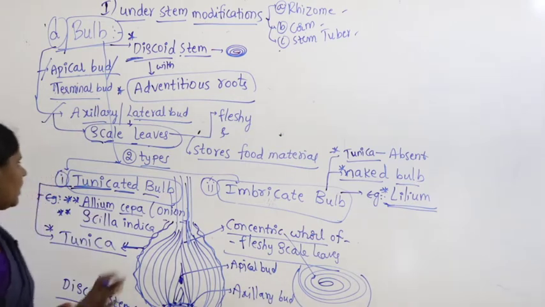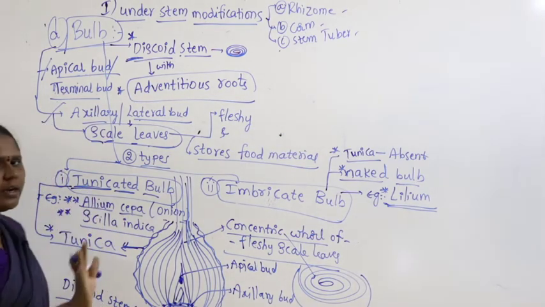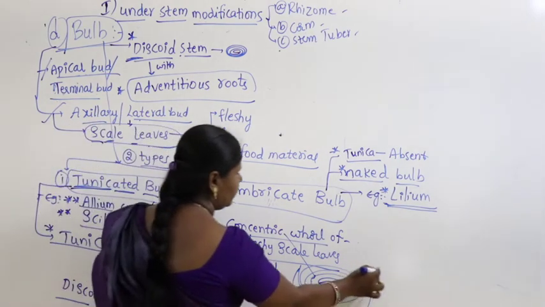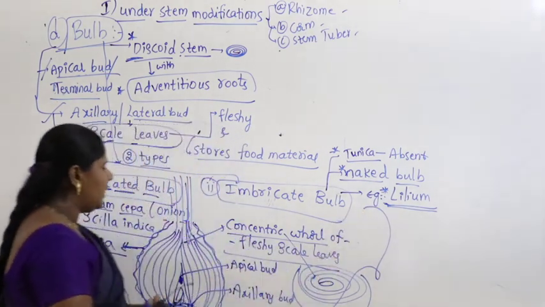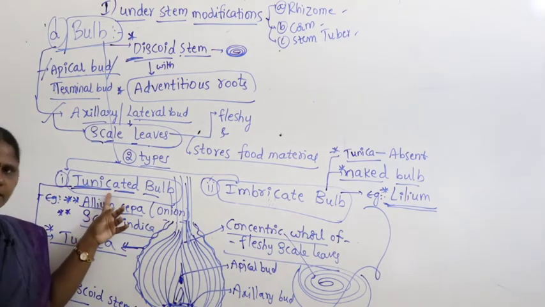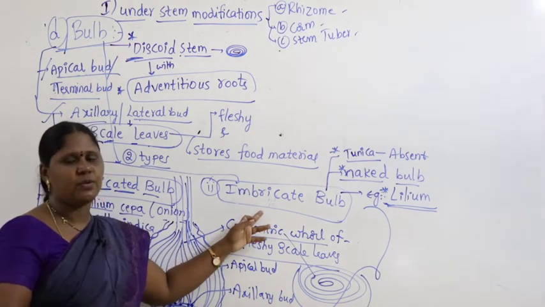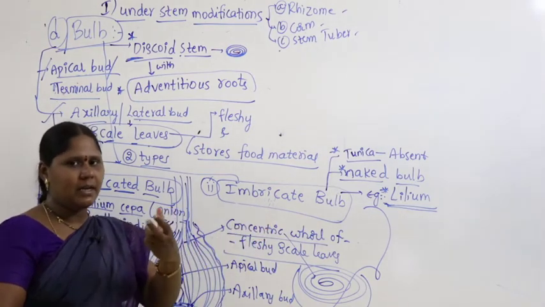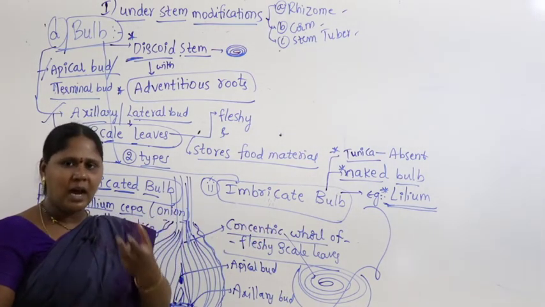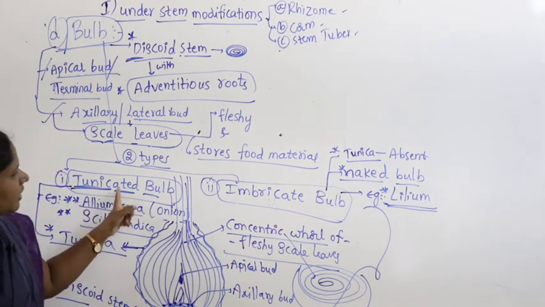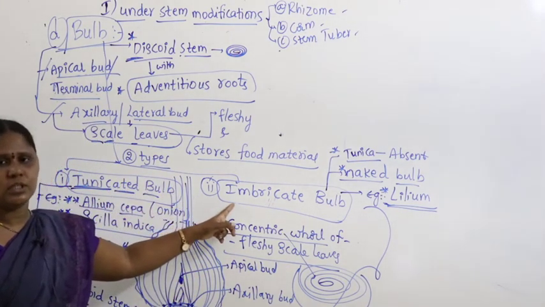Garlic will neither fall in the tunicated bulb nor in the imbricate bulb. It is in between. It does not have completely the characteristics of a tunicated bulb, nor the complete characteristics of an imbricate bulb. Garlic, we call Allium sativum. Garlic will have characteristics of both the imbricate bulb and the tunicated bulb.